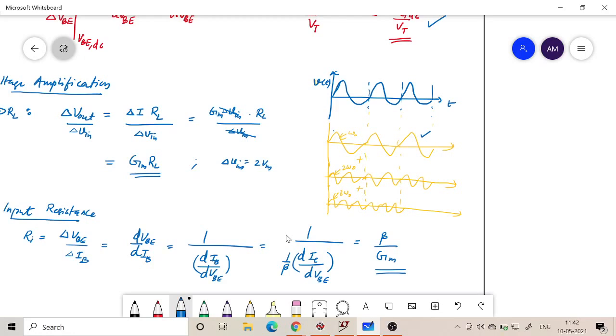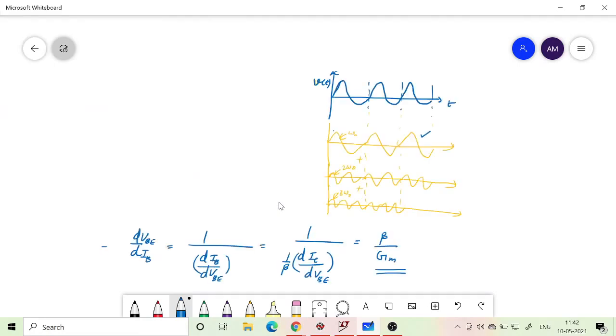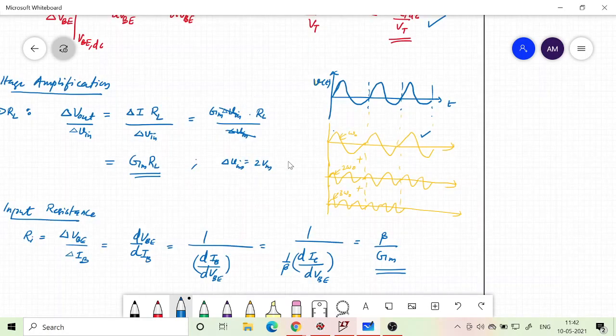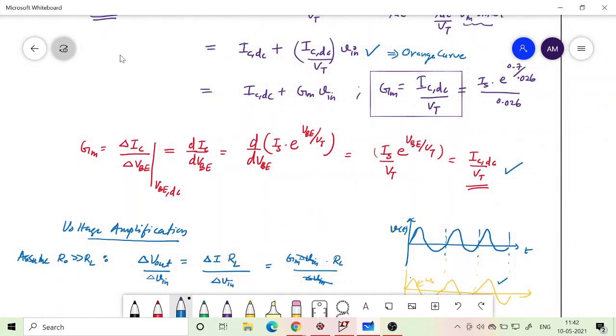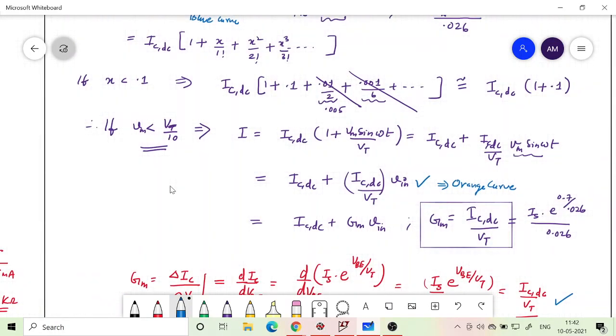Okay, so all the higher order terms should not be present, they are distortion. Okay, so to avoid that, we need to satisfy this condition. Okay, we need to satisfy the condition I told you earlier. What is that? The condition is this.